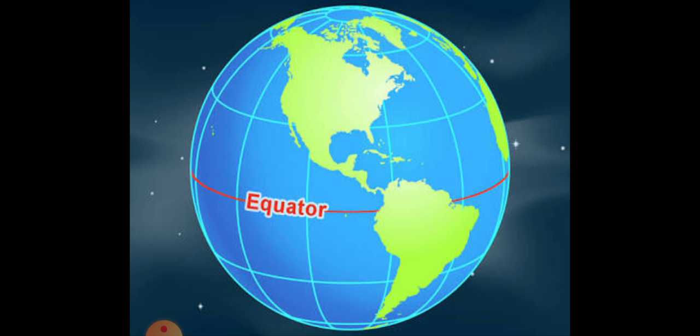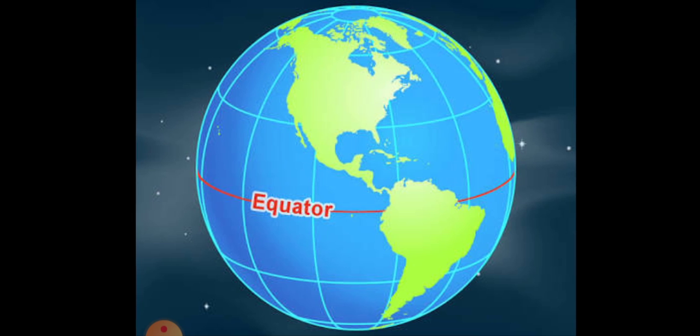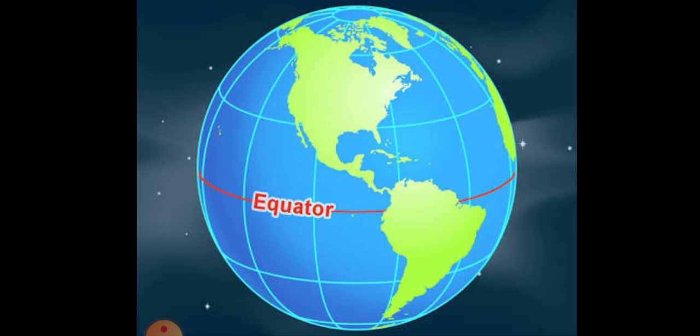Now let's see what is latitudes. All the parallel circles, you can see the other blue circles. We understood what is poles, the top and lower pole, there are two poles, that is north pole and south pole. So the parallel circles from the equator up to the poles are called parallels of latitudes.